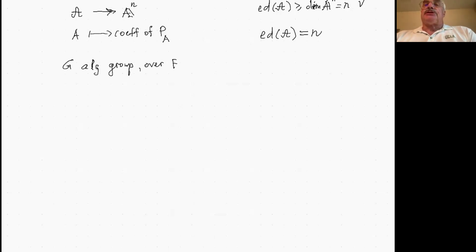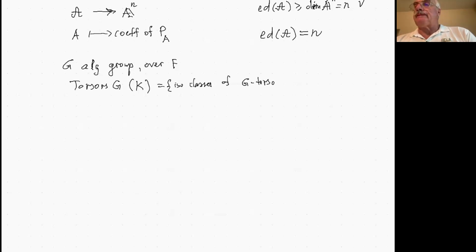We can consider the functor of torsors. Torsors of G over K is just the set of isomorphism classes of G torsors over K. What's a G torsor?